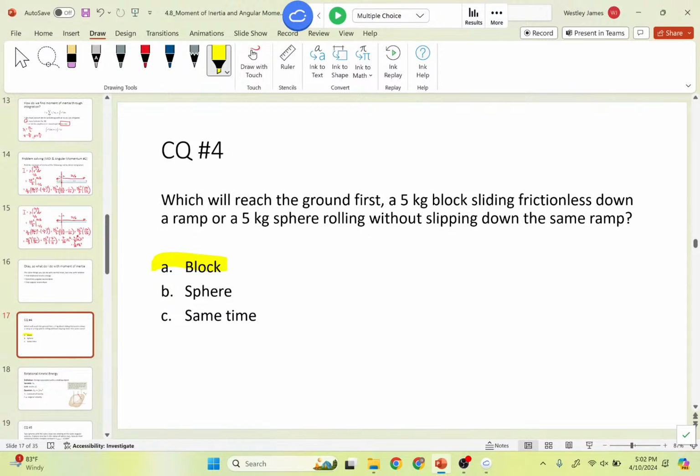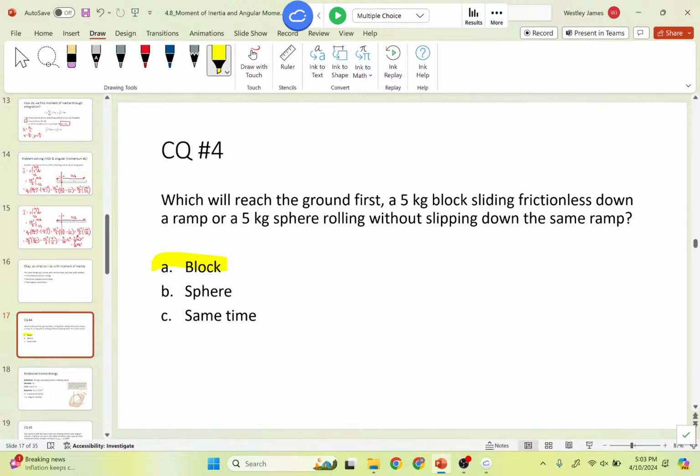So if in both cases there was no friction, they would reach the bottom at the same time, because the sphere wouldn't roll. Why should it? It's just going to slide down the hill. The only reason the sphere rolls is because the friction catches the bottom, and then it rotates. There's no reason for anything to roll if there's no friction.